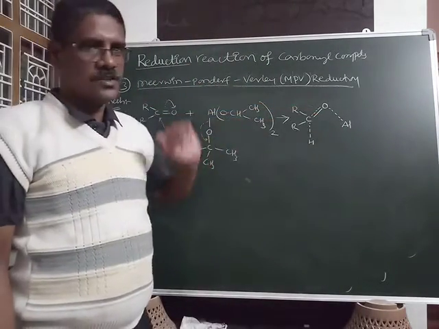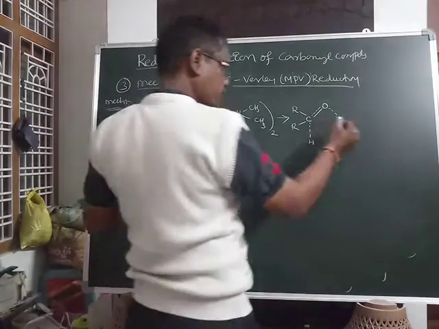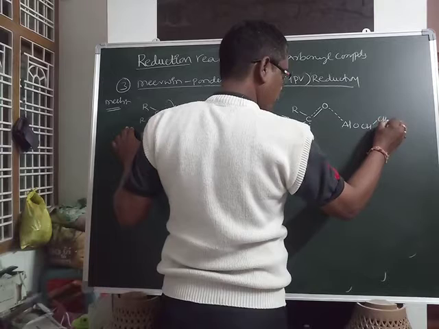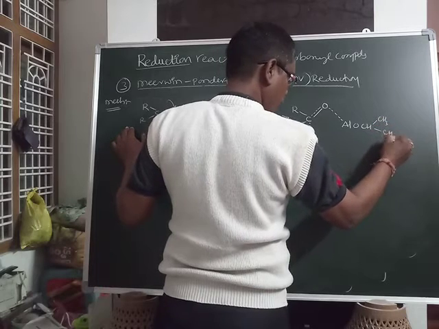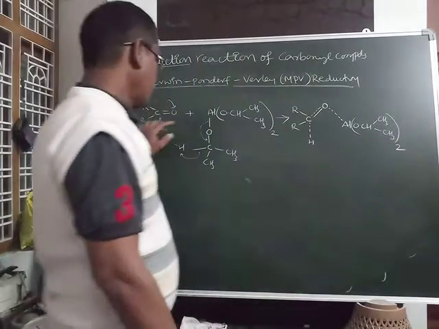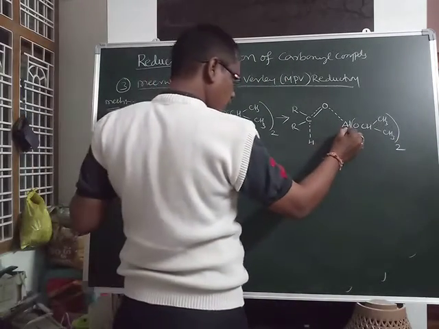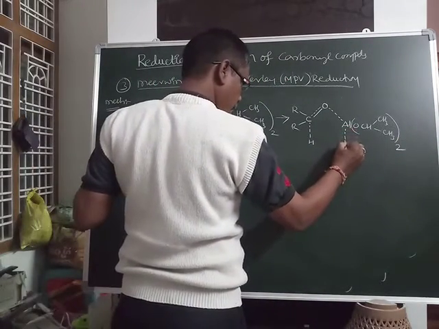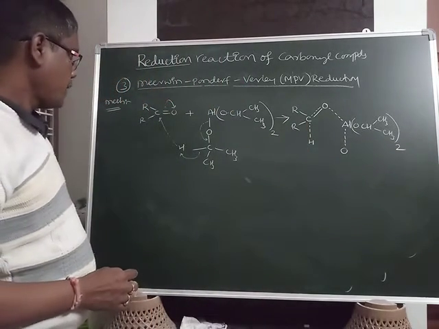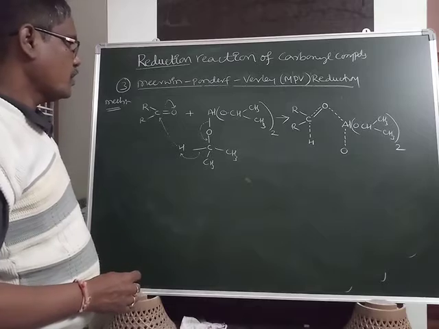I am showing that with a dotted line. Remaining O, CH, CH3, CH3 taken twice is the same. And here this bond is ready to cleave.